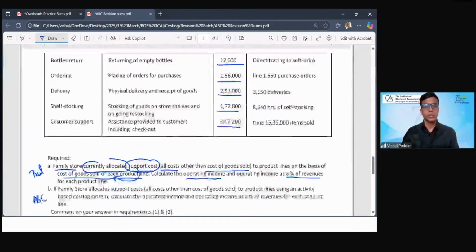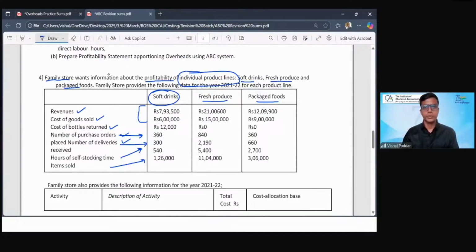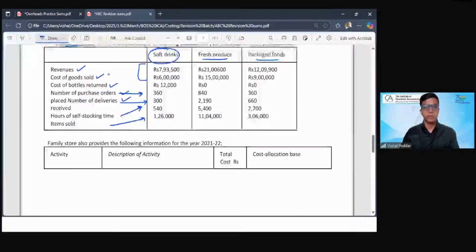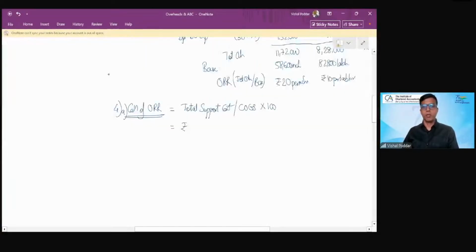How much is your total support cost? That is total overheads. Firstly, total of COGS is this. 6 plus 15 is 21. 21 plus 9 is 30. So this is 30 lakhs.